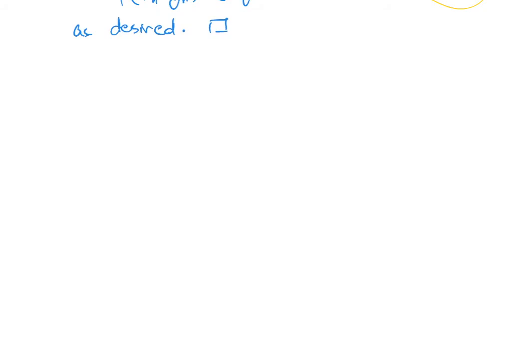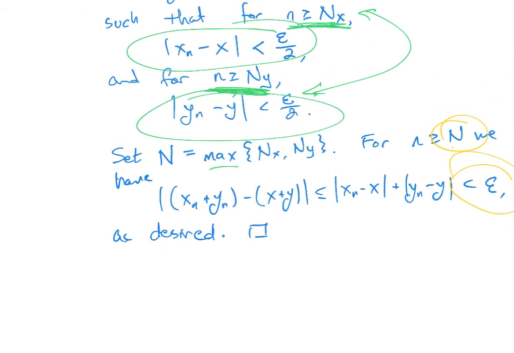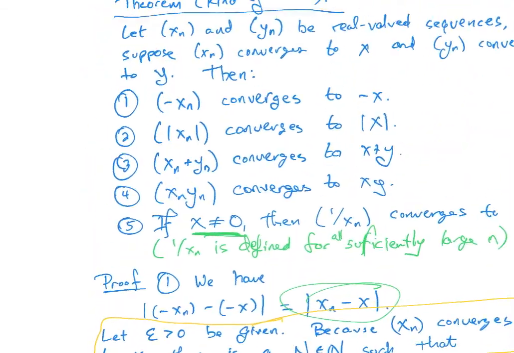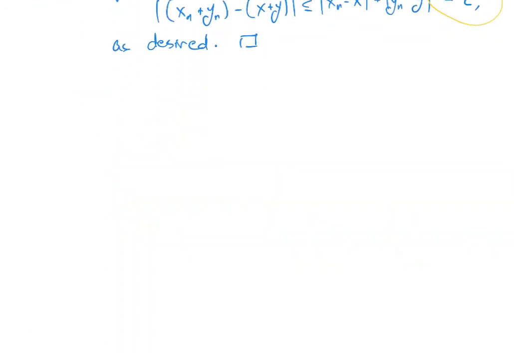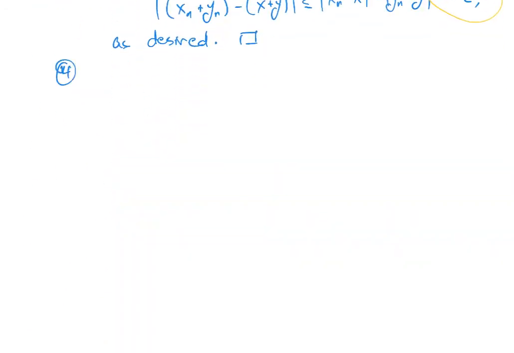Okay, multiplication's a little bit more interesting. What was multiplication? That was number 3? No, it's number 4. What can we do? Again, we'll start out playing with the inequality and see what we can do. That's the quantity we want to make small.